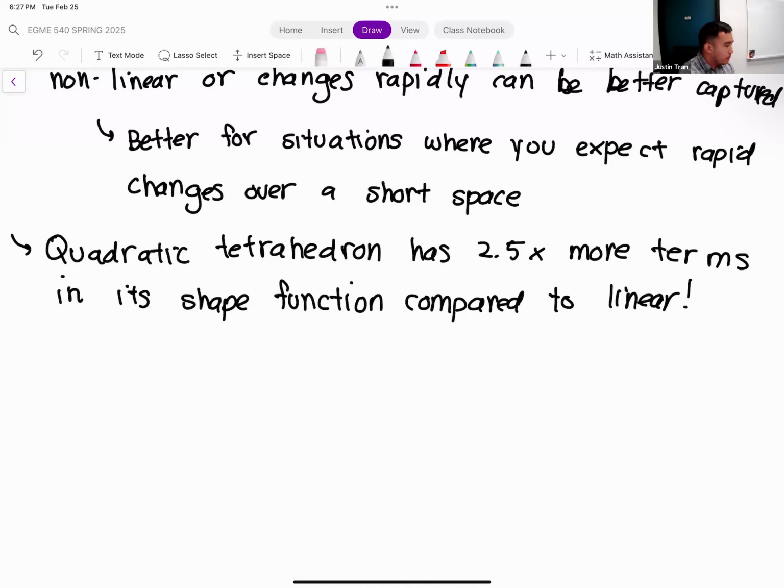So going quadratic brings a lot of benefits, especially for rapid solution change or derivative-based quantities. Stresses and strains are going to be estimated much more accurately using quadratic elements, but it is a conscious choice that you make. All right, any questions on the quadratic tetrahedron?